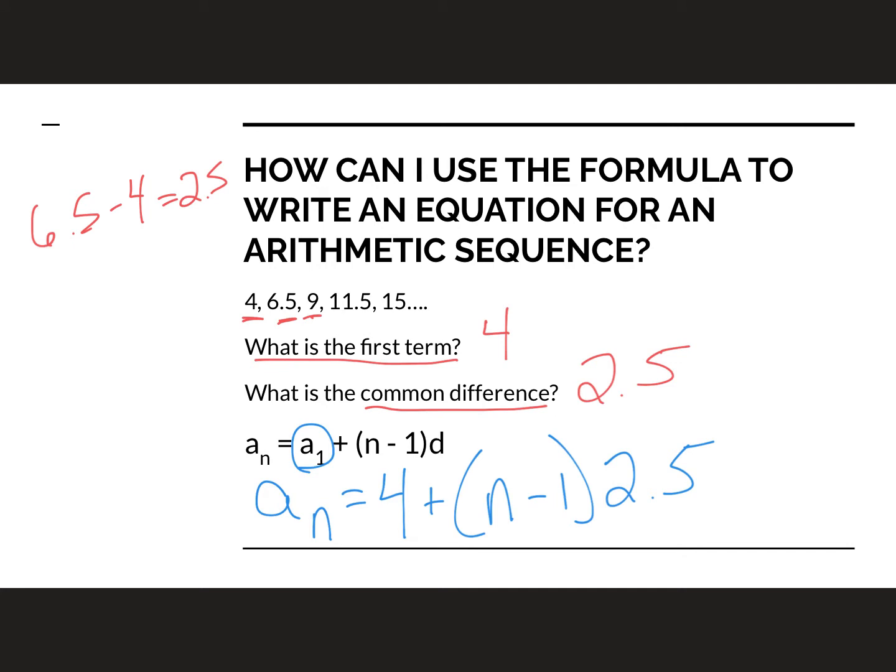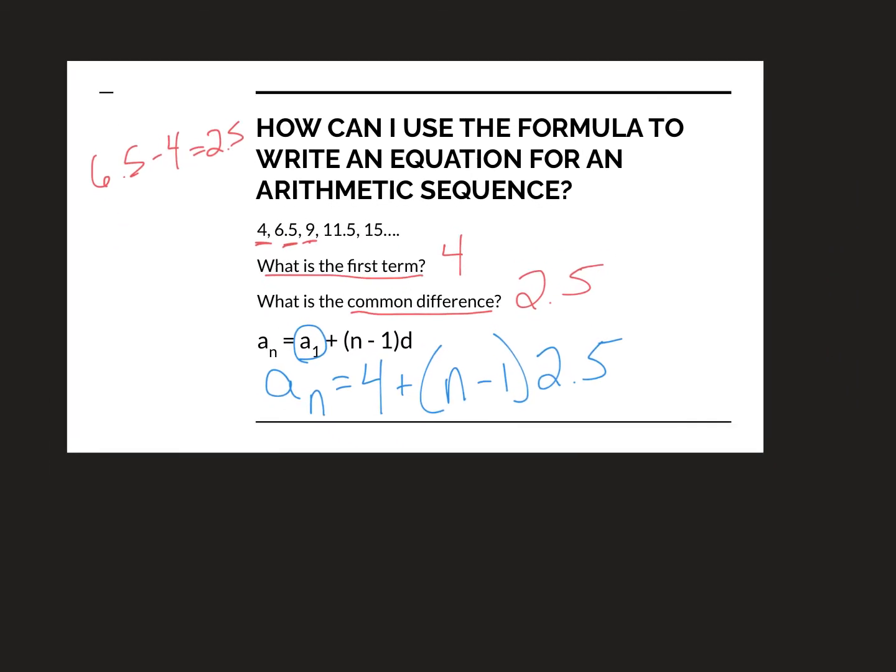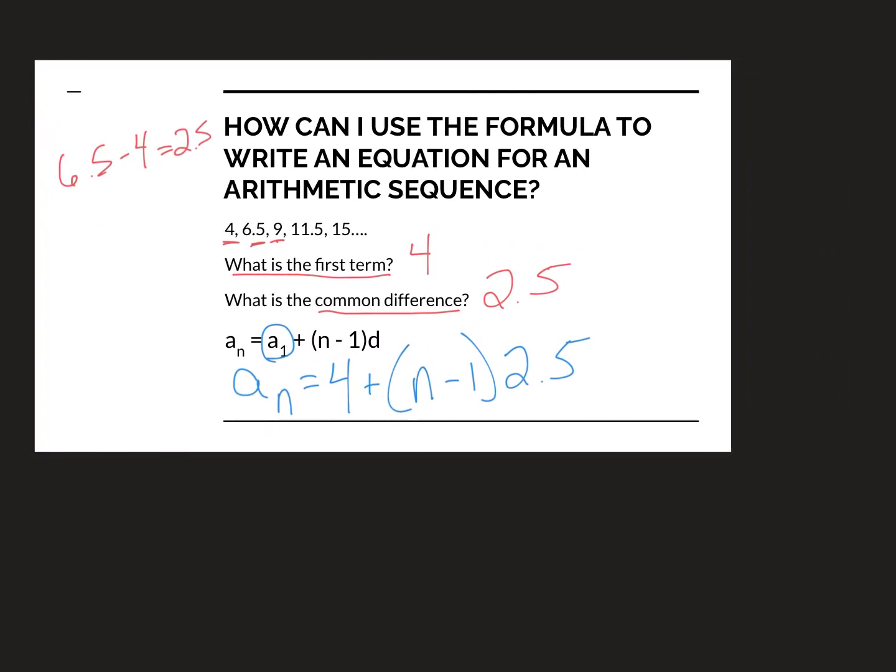Oftentimes they will distribute the 2.5 and simplify the equation. So in this case, if I distribute the 2.5, I get a sub n equals 4 plus 2.5n minus 2.5.